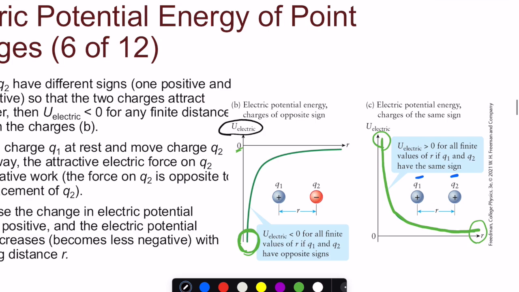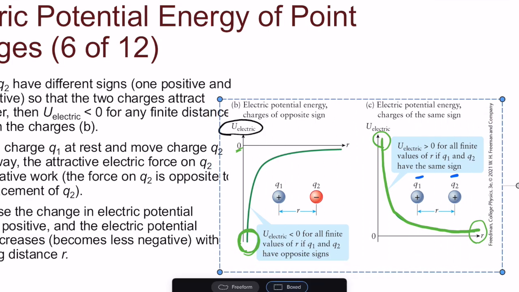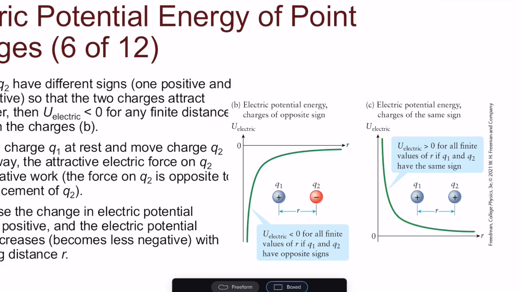So let's look at some graphs of our two situations, where either the charges are like or are different signs. And as you can see, if Q1 and Q2 are opposite signs, the potential is going to be negative, right? It exists completely under the x-axis, or the r-axis. So the potential will always be negative between particles of opposite sign. And here you can see those asymptotes, right? As r approaches infinity, the potential is going to approach zero.